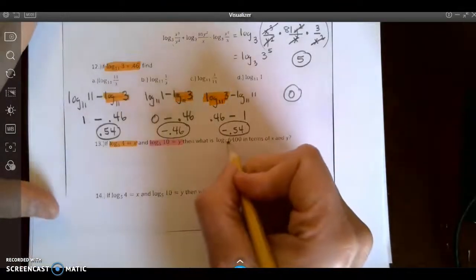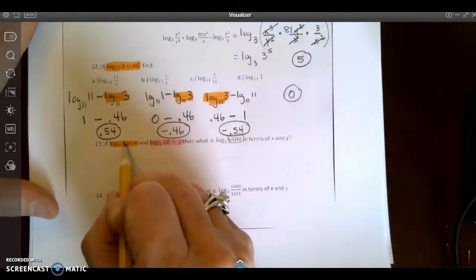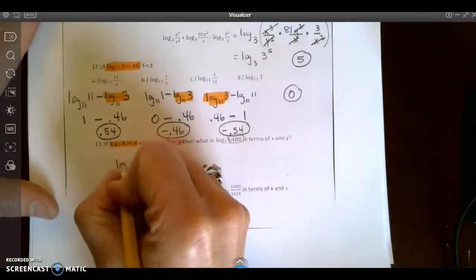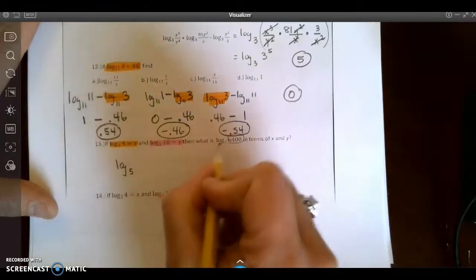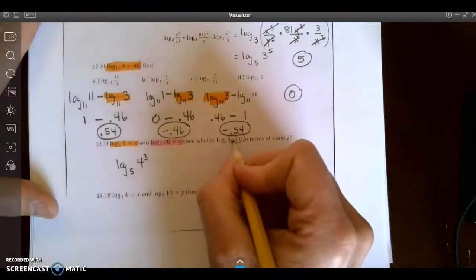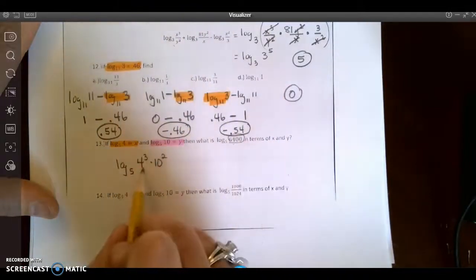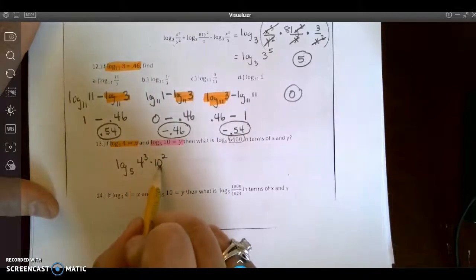So somehow I need to write 6,400 in terms of 10 and 4. Well, right away, I realize that 64 is 4 cubed. And 6,400, that would be times 10 squared, because that would be 6,400.